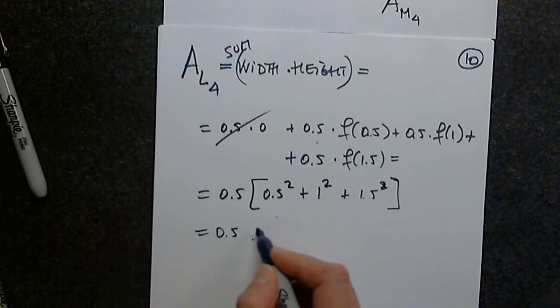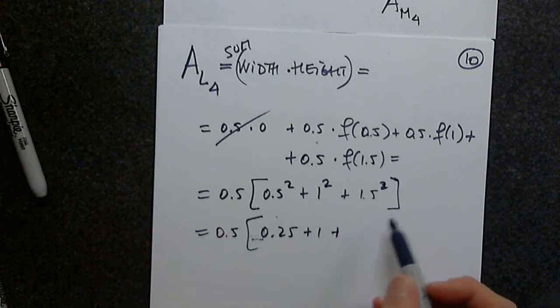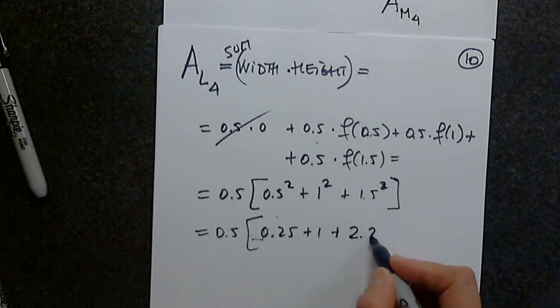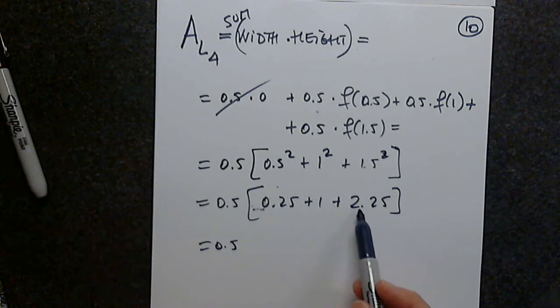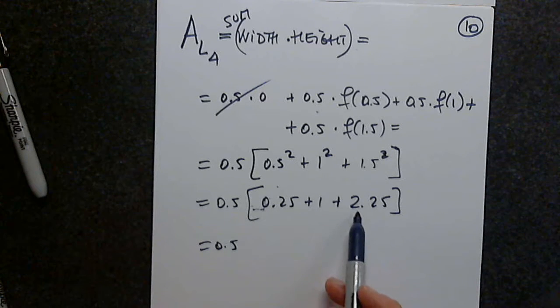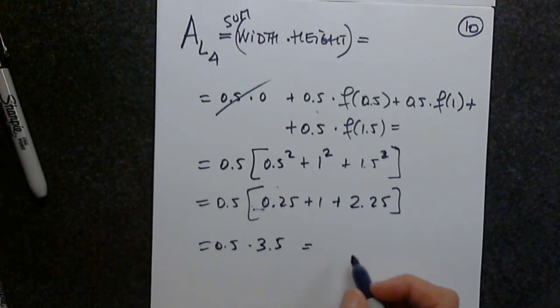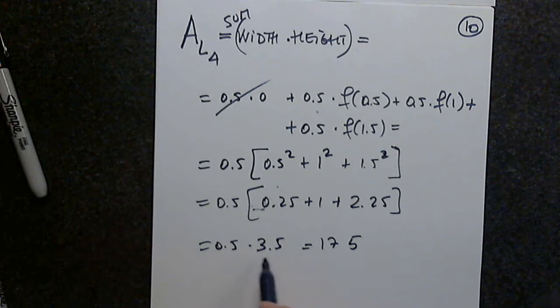And then I have 0.5, and in parentheses 0.25 plus 1 plus 1.5 squared is 2.25. So 0.5, 2.25 plus 0.25 is 2.5 plus 1 is 3.5. So this will be, with 2 decimals, 1.75.